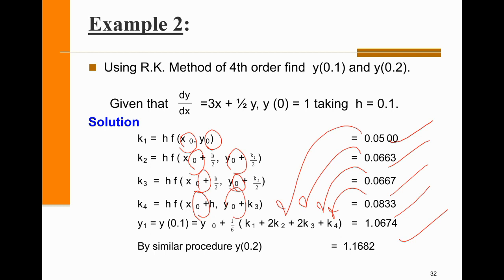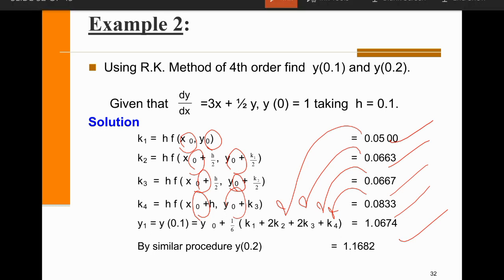Again I have left this part for the student to calculate. You can see the value of y at 0.2 comes out to be 1.1682. You can compare this value and tell me whether this is correct or not.